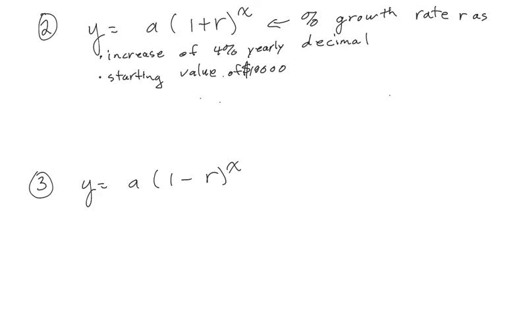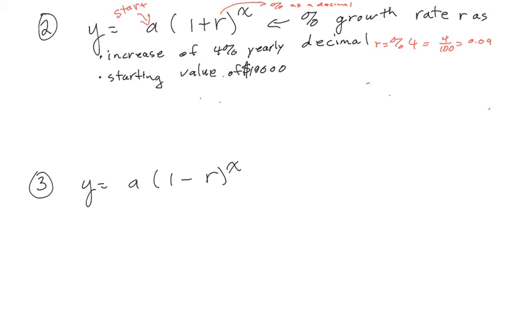So remember, this was our starting value. And this value here, our r value, is the percent as a decimal. So 4% as a decimal is equal to 4/100, which is equal to 0.04. I'm going to call this my r value right away.